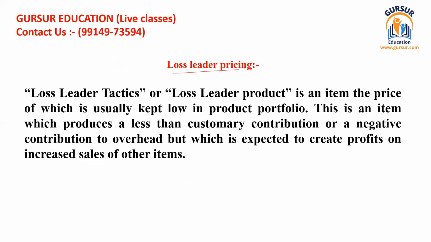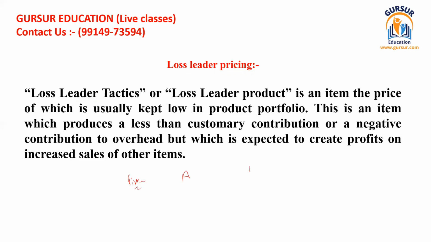Then this is loss leader pricing. Okay, loss leader pricing. It is also known as loss leader tactics and loss leader products. This was also once asked in the examination. What happens? A firm has so many products.